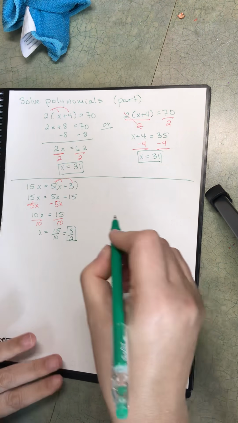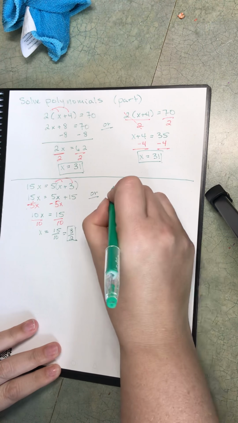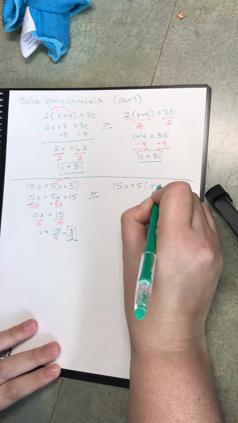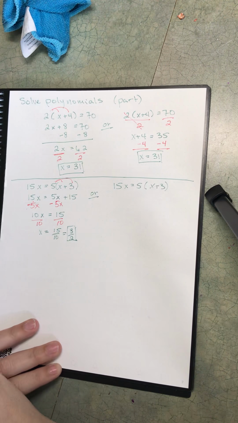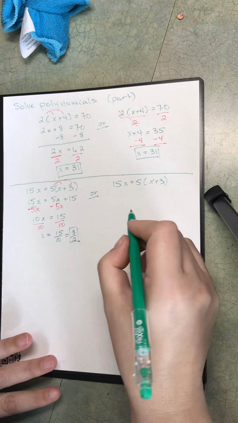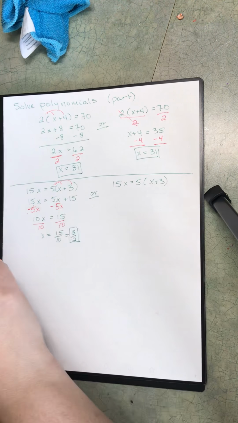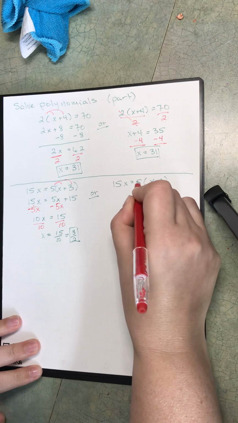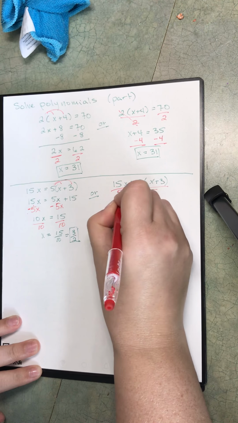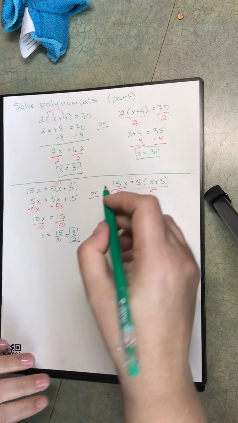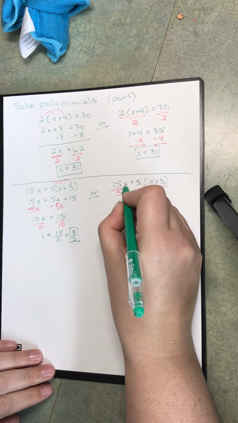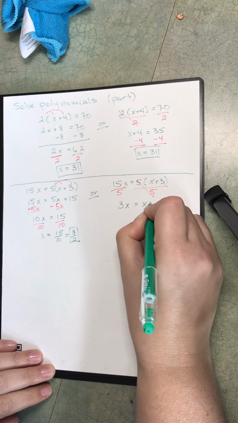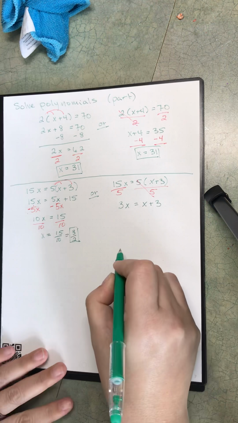Okay, or again, I could do it the other way. So 15x equals 5 times x plus 3. So first thing I'm going to do this time is divide everything by that 5 to get rid of it. 15x divided by 5 is 3x equals x plus 3.